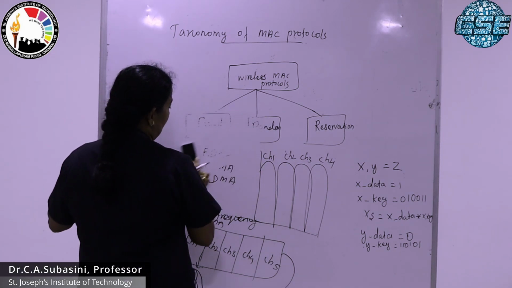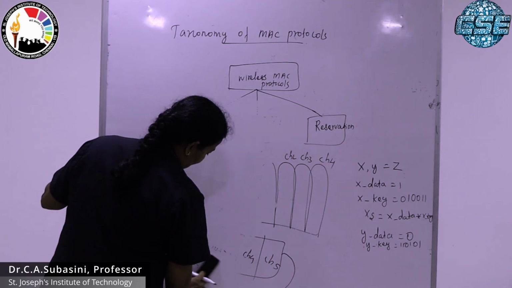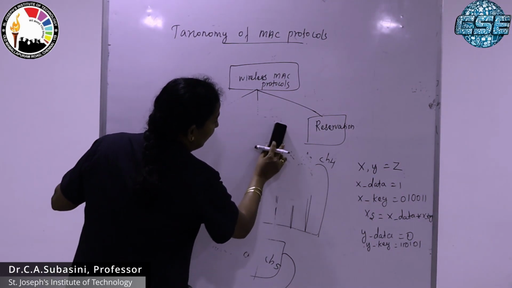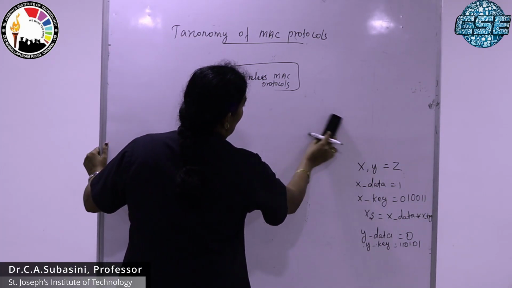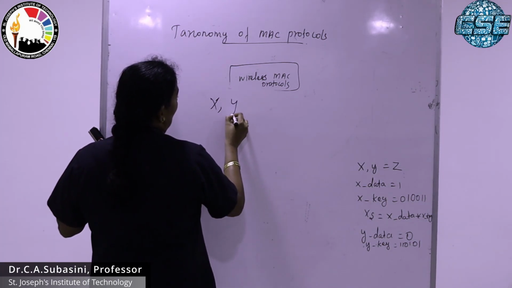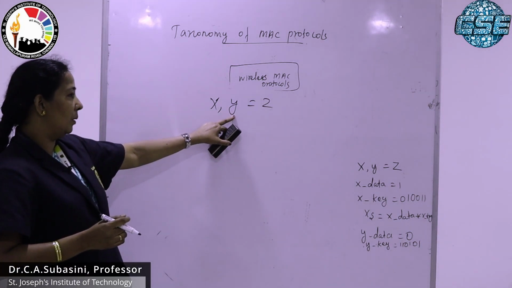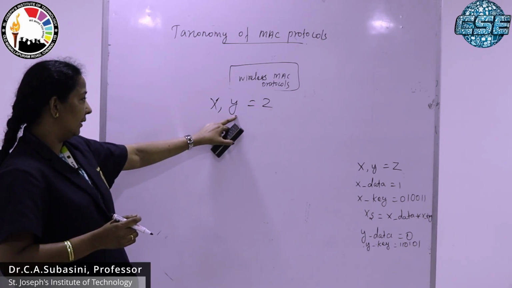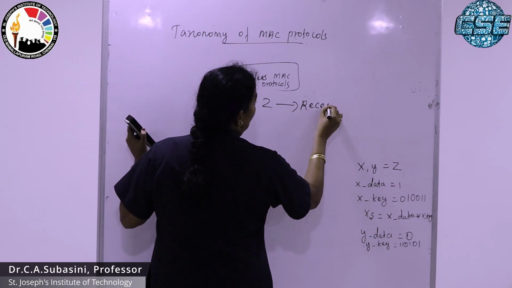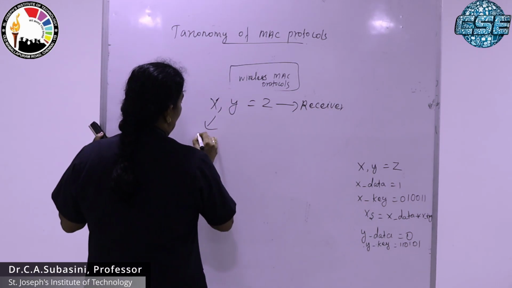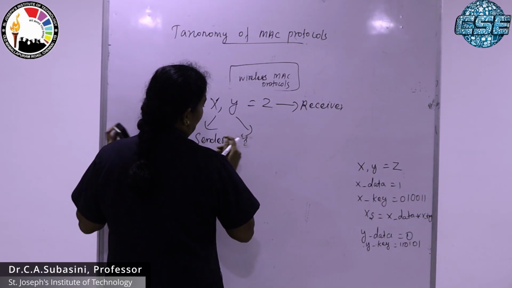In code division multiple access, a code is assigned to different channels. Say X, Y and Z are there. X will be a sender sending the data, Y will be another sender, and Z will be the receiver.